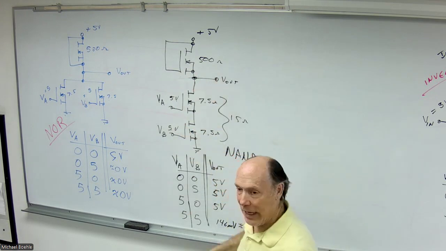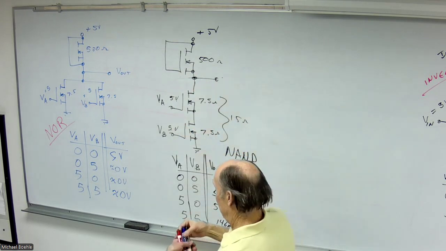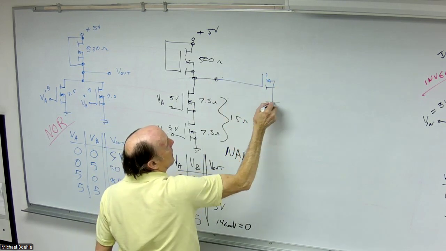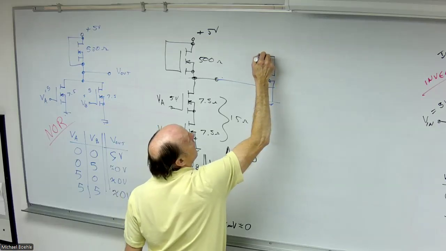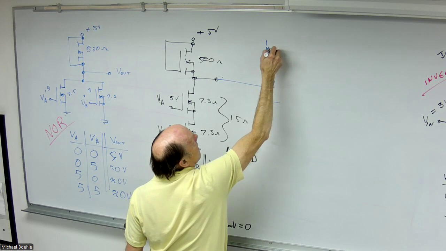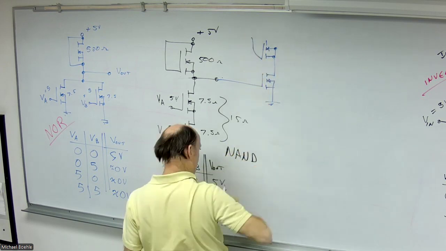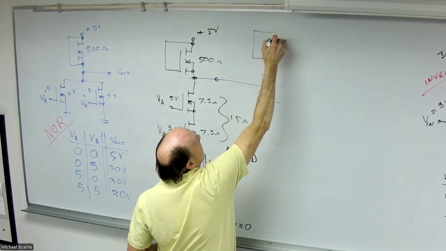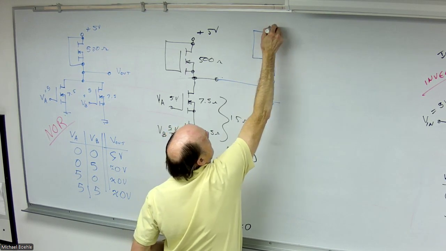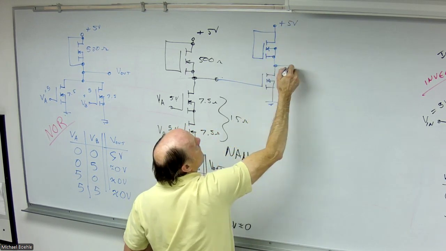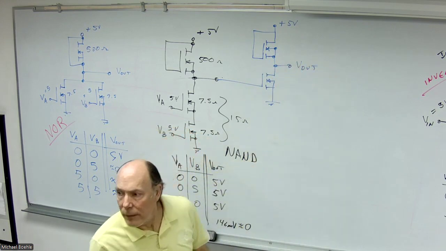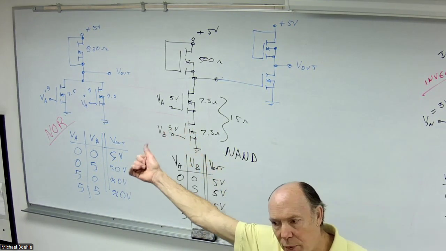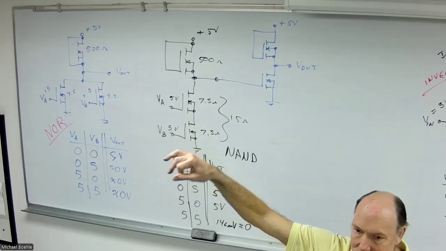Take this NAND gate, you run it into an inverter. Now I have an AND gate. Put an inverter on the output of my NOR gate. What do I have? An OR gate.